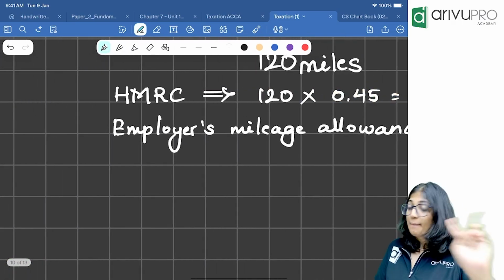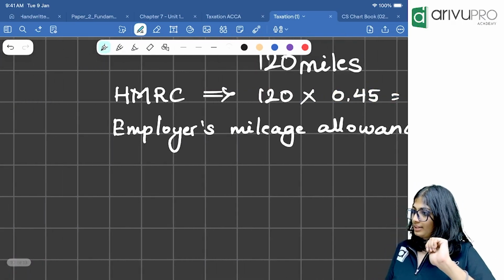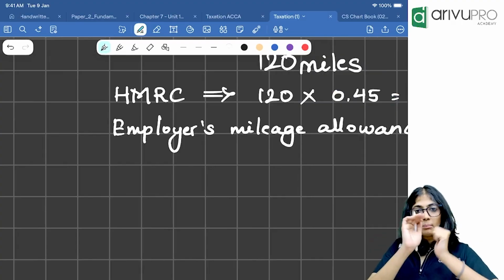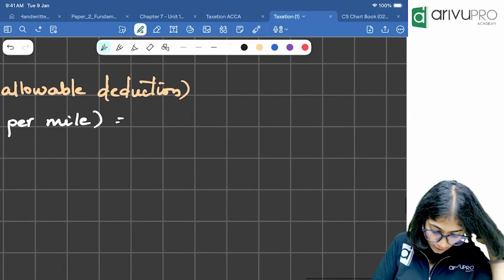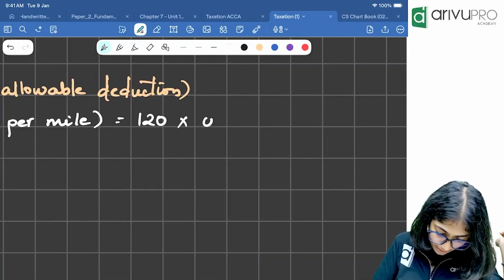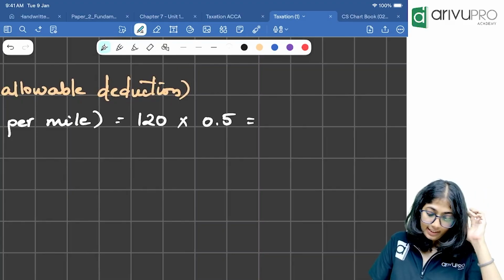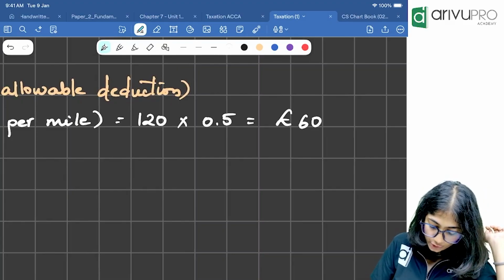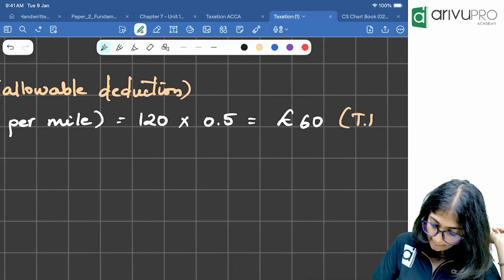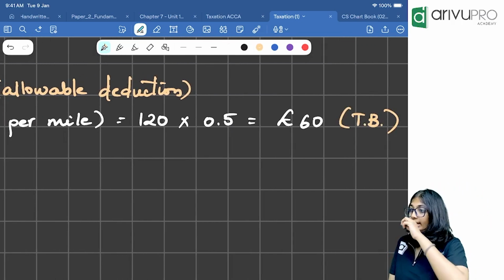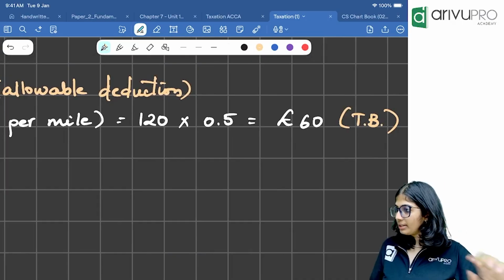That is the employer's mileage allowance. That is, they are giving you the money separately. So what is going to be that amount? 120 into 0.5. They are giving you 60 pounds of taxable benefit.